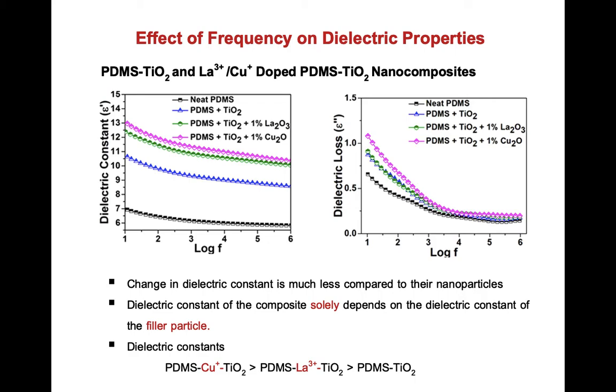So the dielectric constant of the composites solely depends on the dielectric constant of the filler particle. Importantly, the change in the dielectric constant against the frequency is significantly less compared to that of an individual filler. So it may be considered as a quality of these composites for application in varied frequency.